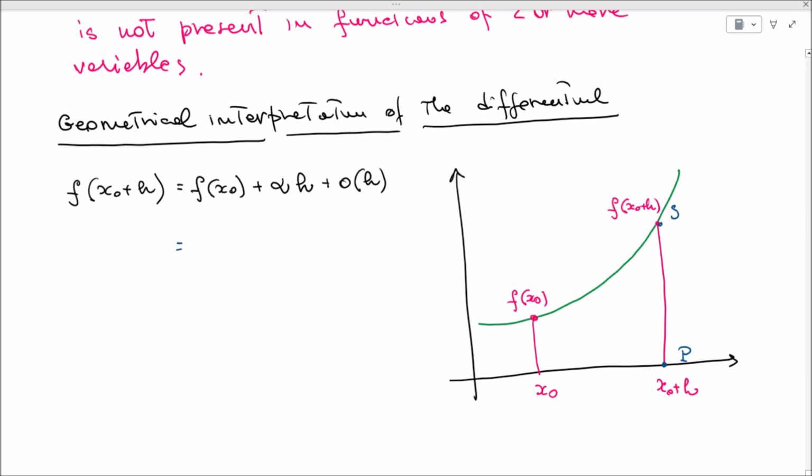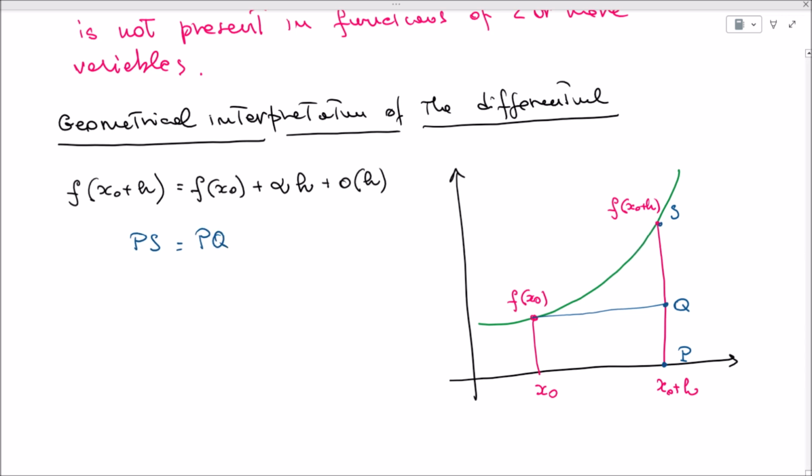So immediately we can write f of x naught plus h simply by PS. So this is the segment that represents f of x naught plus h. And now we can first identify a point Q, which represents exactly f of x naught, so we have PQ.